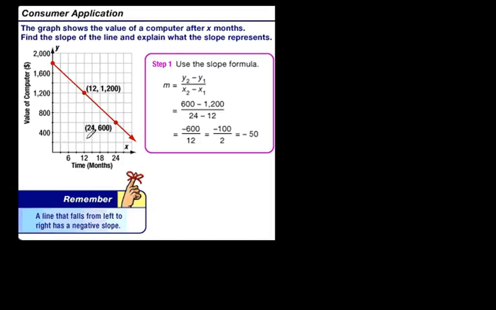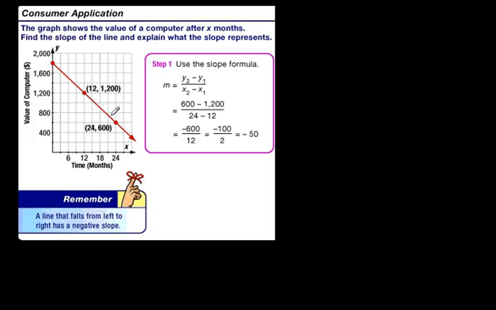In my x2 I'll put 24, and my x1 I'll put 12. So 600 minus 1200 gives me negative 600 over 24 minus 12, which is 12. So I get negative 600 over 12, or a rate of negative 50.